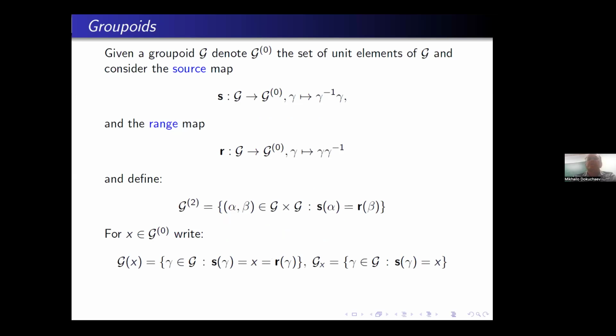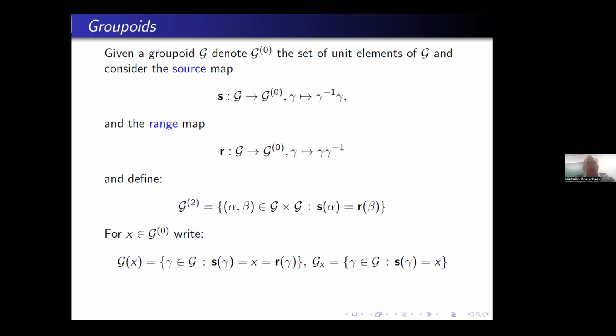I will start with some basic notions. I will speak about groupoids, some topological groupoids. So we denote by G0 the set of unit elements of the groupoid. Each groupoid is a small category in which every morphism is an isomorphism, so it has objects.